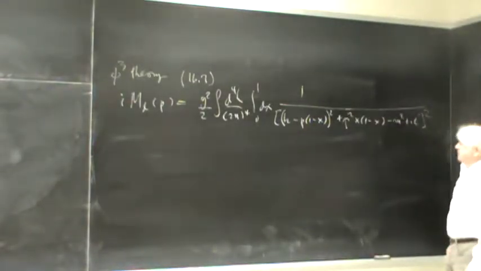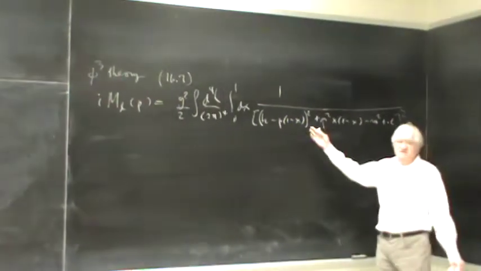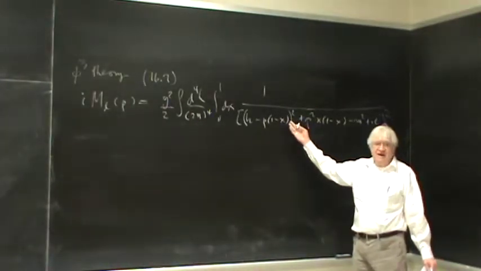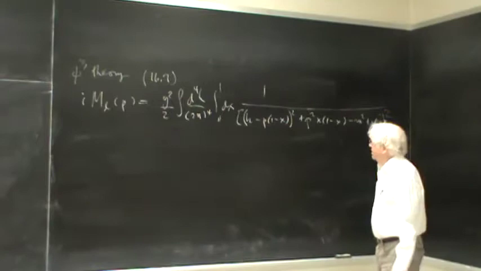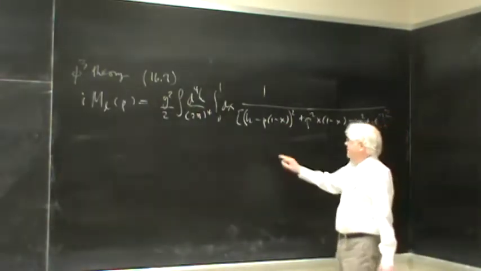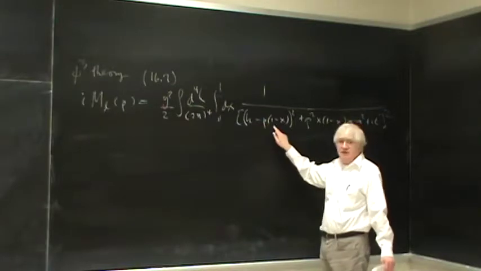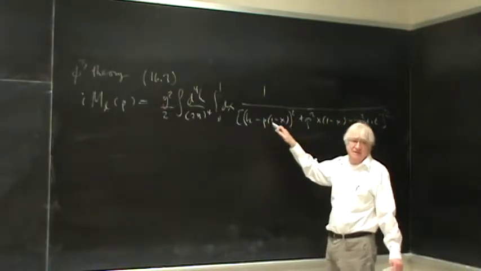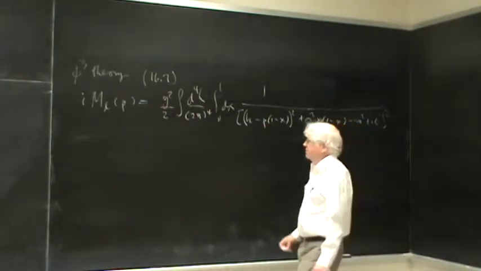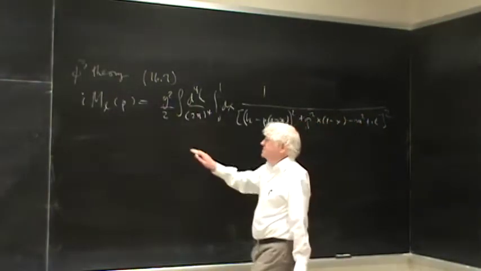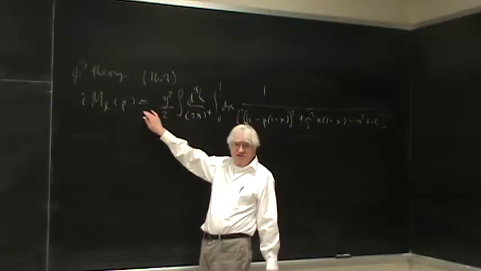Now the problem with this is that this is a divergent integral, so this is the thing that we can't calculate. Notice, by the way, that k and p are 4-vectors. This is actually a linear combination of 4-vectors squared in a Lorentz invariant way, with, of course, the Lorentz invariant measure. So what I'm saying is, don't compute this.